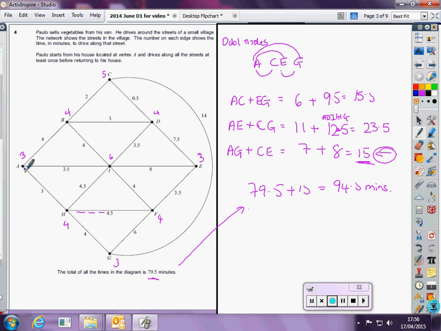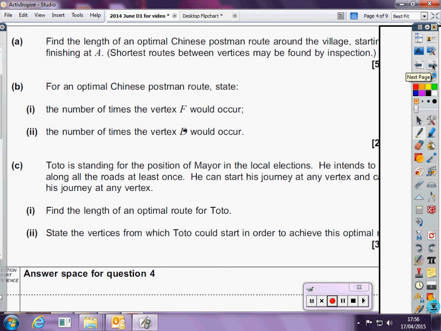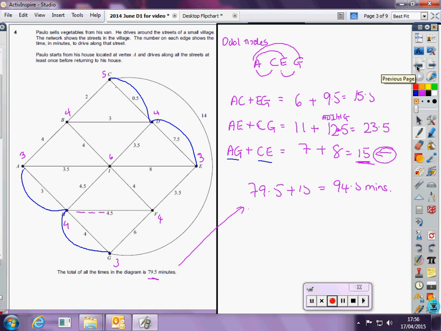Okay, we're going from A to G, which goes in here and then in here, and then C to E, going from here to here. So now this node has gone 1, 2. So we're interested in F and D. So for F, where is F? A, B, C, D, E. F is here.